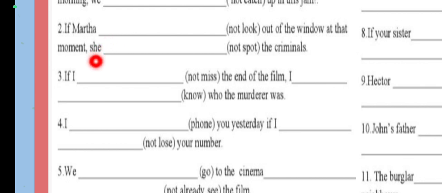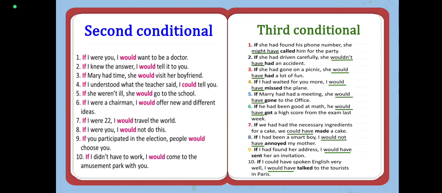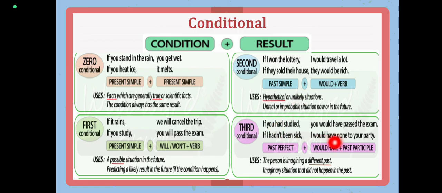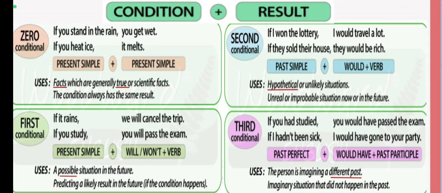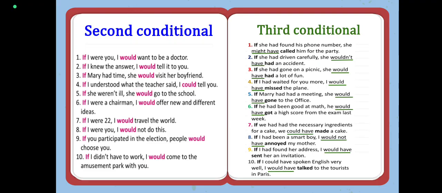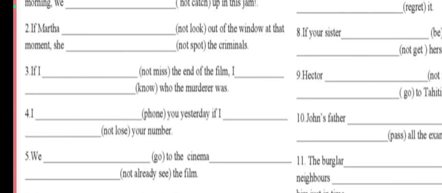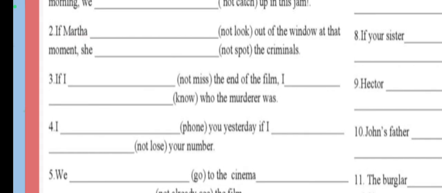Just be careful. We don't use past perfect with the result clause. We use would have plus past participle. Remember, would have plus past participle. Okay, yeah, it's right. So here we have would have past participle.